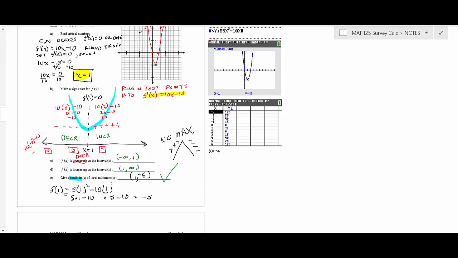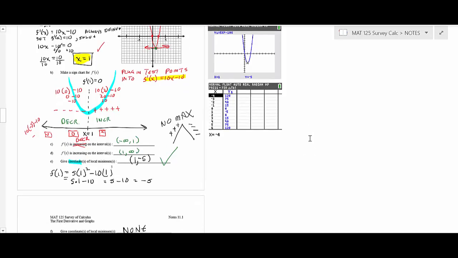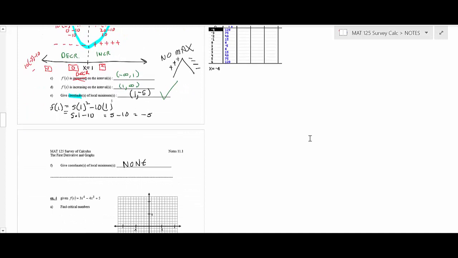Yeah, so the function's decreasing from negative infinity to 1. The function is increasing from 1 to infinity. And then the only place where the derivative was 0 was at that critical number, x equals 1. So that graph should verify everything that we found using calculus methods. Pretty cool, huh? Heck yeah, it's cool. All right, calculus will tell us everything that we need to know about the graph.